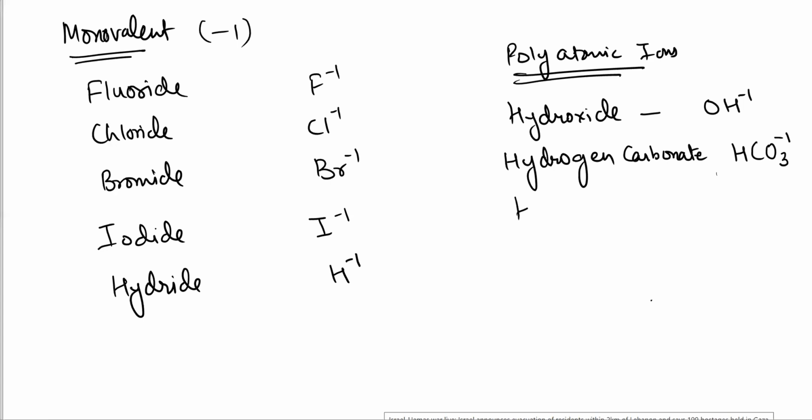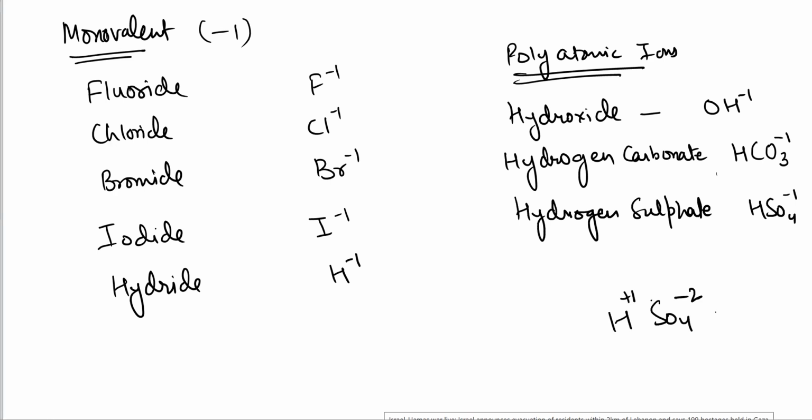This is also going to have -1 valency. Hydroxide, hydrogen carbonate, hydrogen sulfate. Sulfate must be having -2, and this hydrogen is going to have +1. So together they are going to have HSO4 -1. Understood?